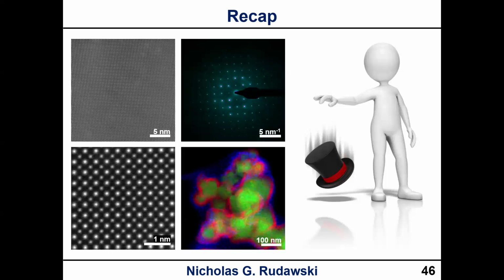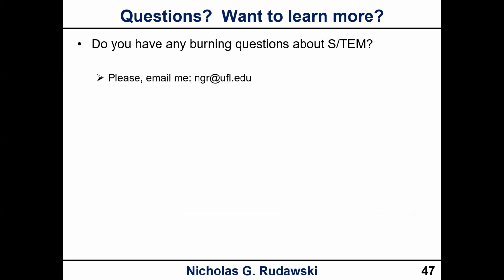And then lastly, we talked about STEM-EDS spectrum imaging, okay, as a way to do elemental analysis and tell you what elements are present and where they're located, okay, because that's the big question, right, when people come in, okay? They have a material and they say, I have this structure. I want to know what elements are there and where they're located.